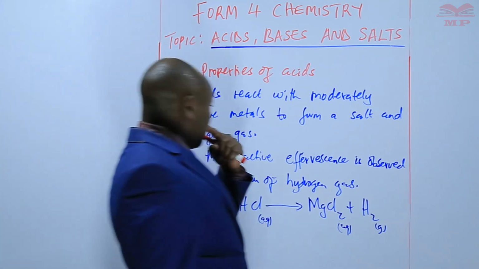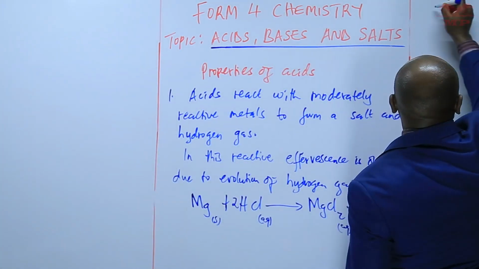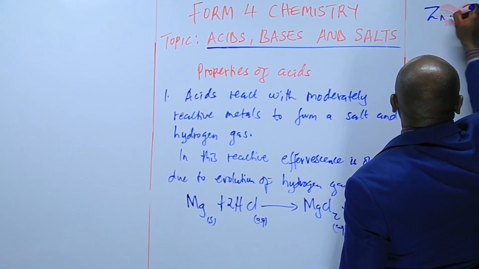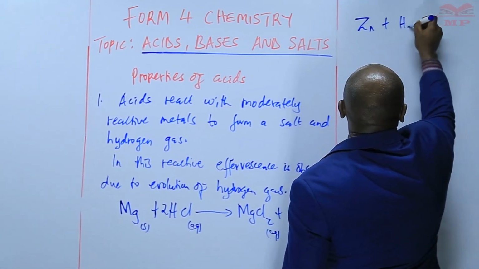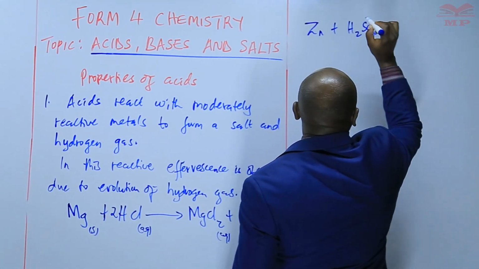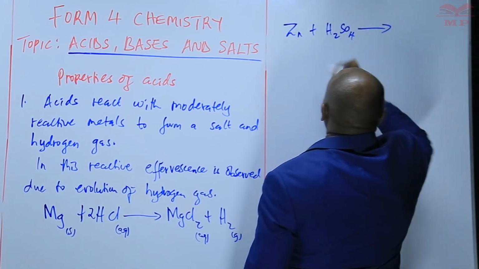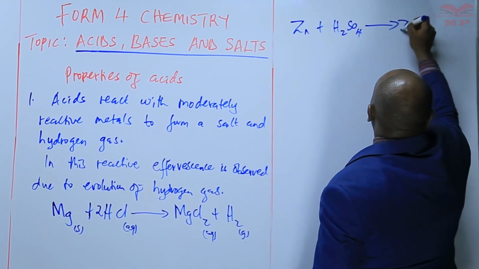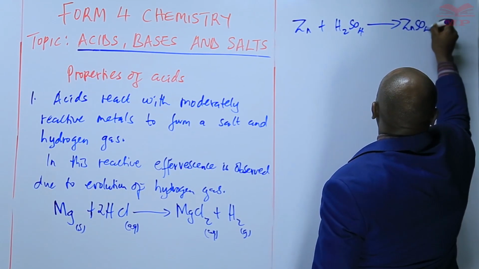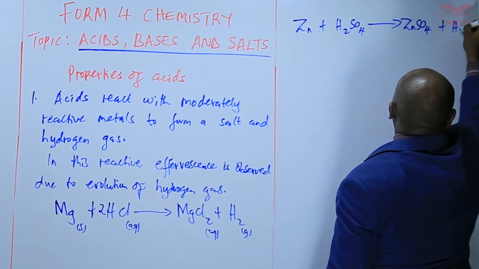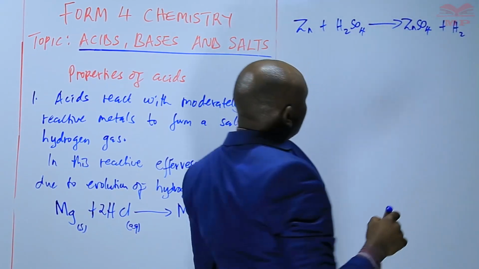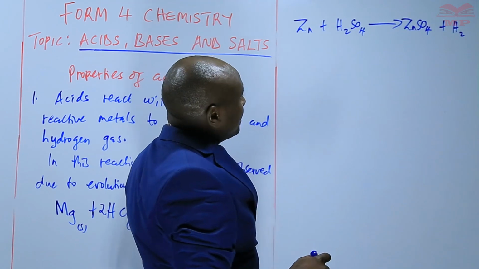Another example, we'll take a metal such as zinc plus sulfuric acid, where we shall get zinc sulfate plus hydrogen gas. So that equation is already balanced.